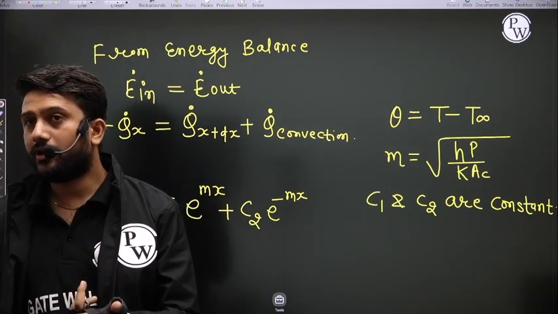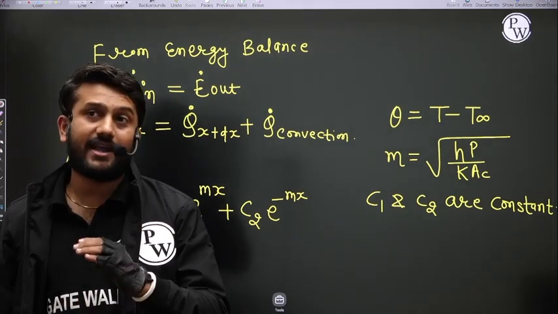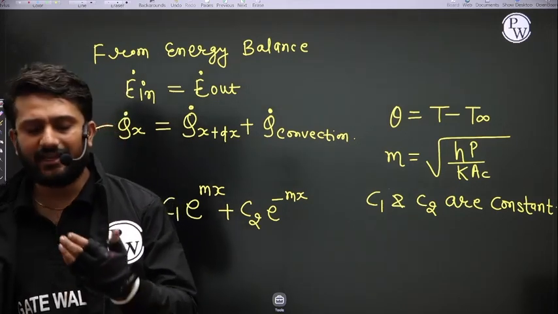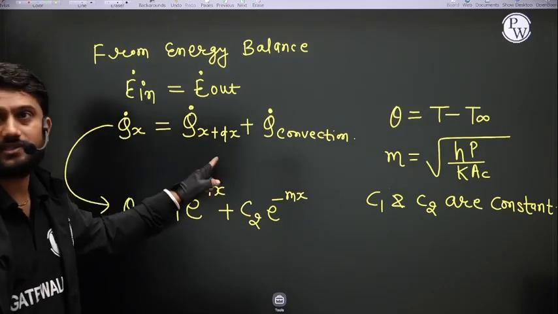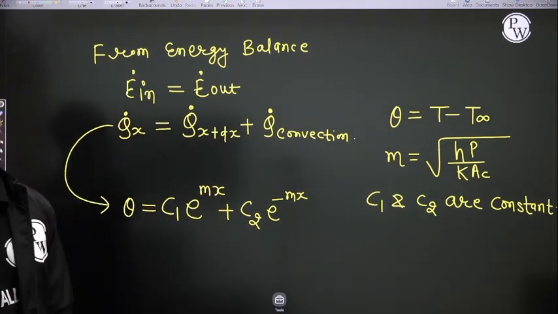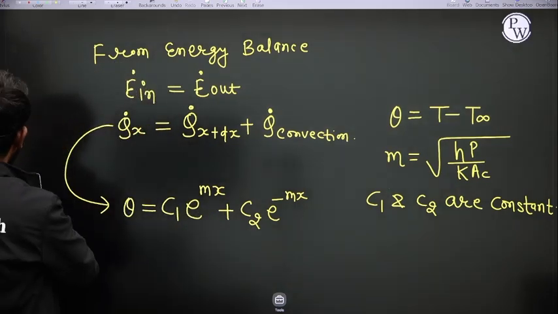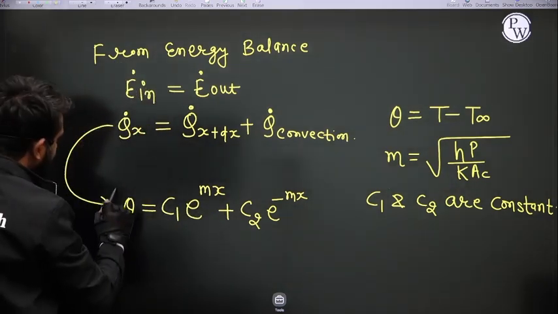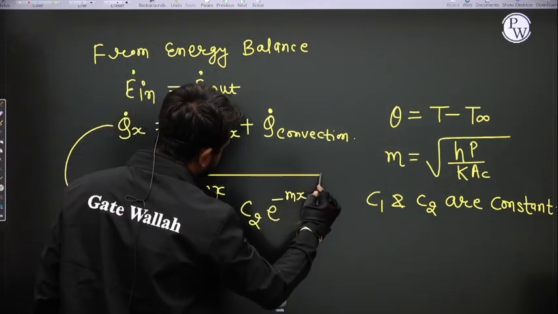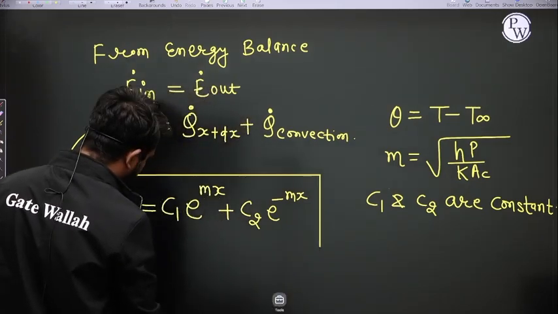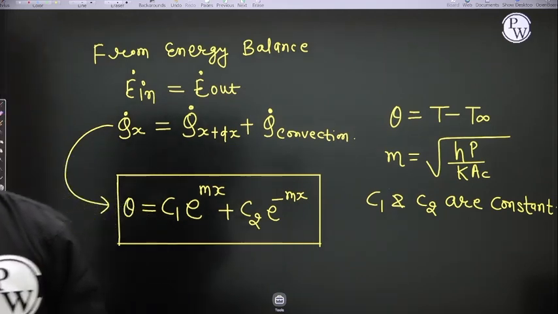What is q dot x plus dx? The rate of conduction heat transfer which is out from the small element. What is q dot convection? That is the rate of convection heat transfer. We neglected the radiation heat transfer. So if you solve this energy balance, you will get this mathematical expression. This energy balance and this governing equation are very, very important. Is it clear?